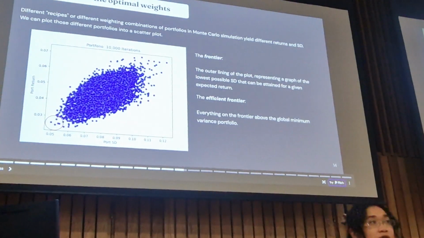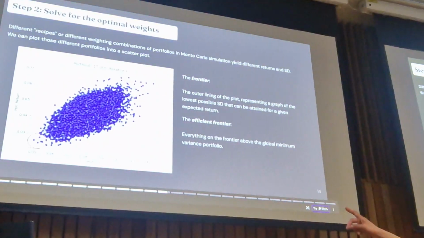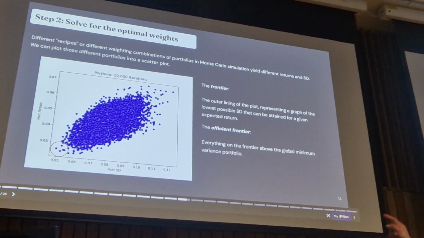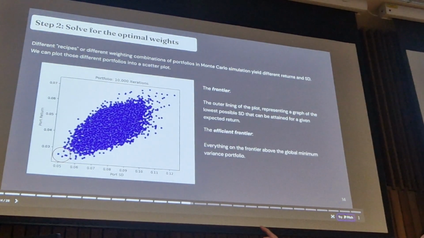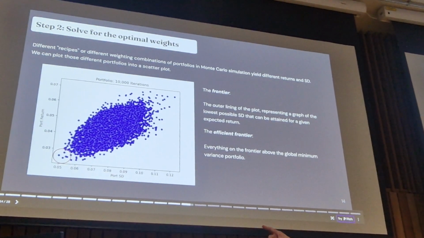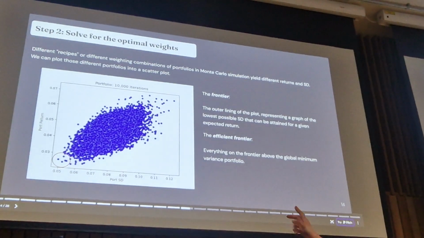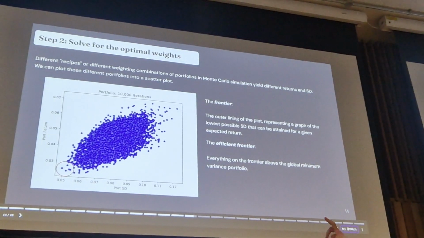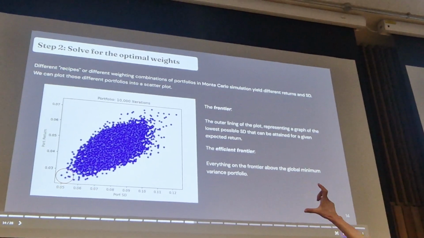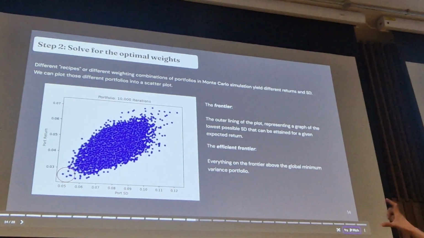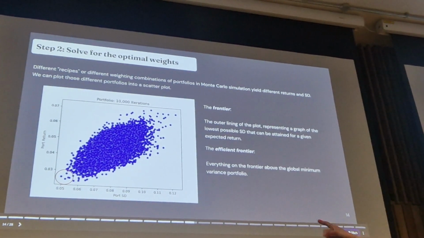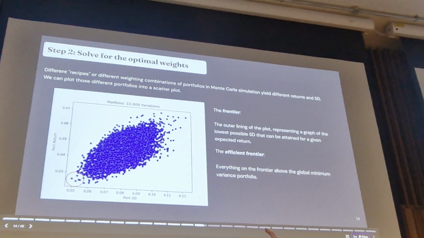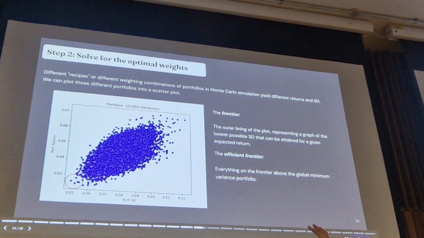It's called efficient because you see, for the same standard deviation, the same risk, say I draw a vertical line from the 8% standard deviation, I meet at least two portfolios on the frontier. The lowest return for that 8% standard deviation is 3 point something percent.